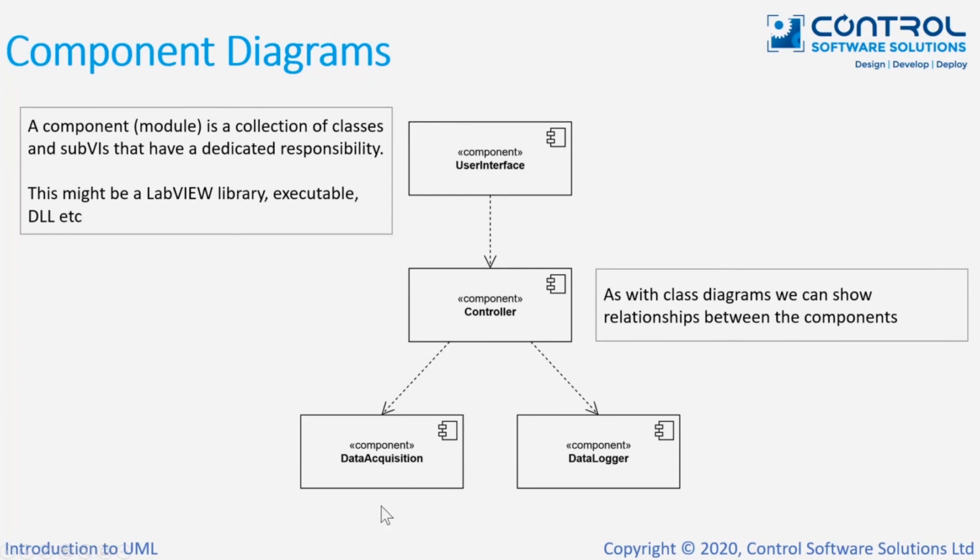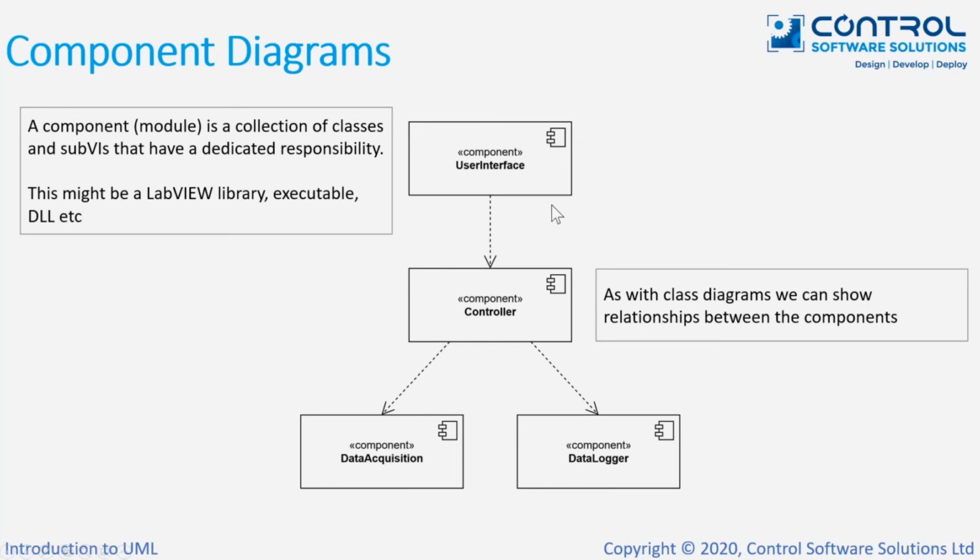Let's take data acquisition. The data acquisition library, LV-lib file, might have an interface class, a data acquisition class, a mock class, and it might have a scale, and some other utility data types and so on. But they're all bundled up in something that makes them usable together.